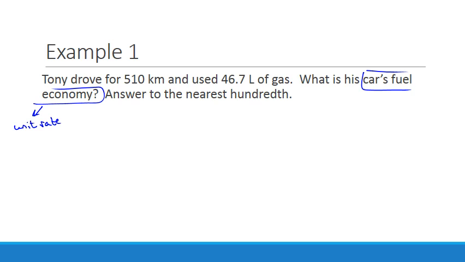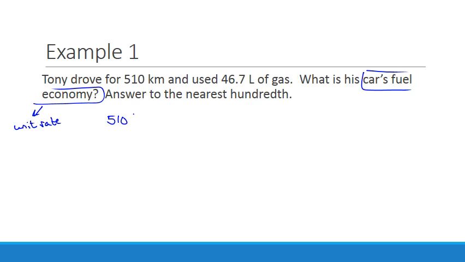So they'll often tell, if you go to a dealership, the stickers will often say how many kilometers something will go in 1 liter, or how many liters of gas would be used in 1 kilometer, but some sort of unit rate. So what we'll do is we'll just set this up, and again, we could go kilometers per liter or liters per kilometer. It doesn't really matter.